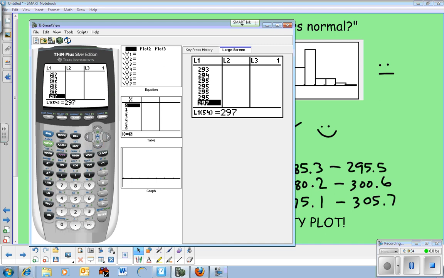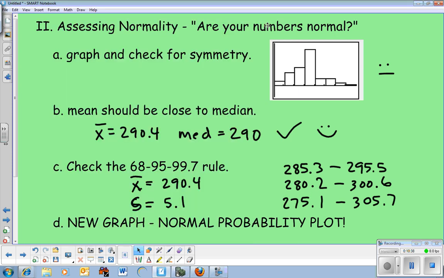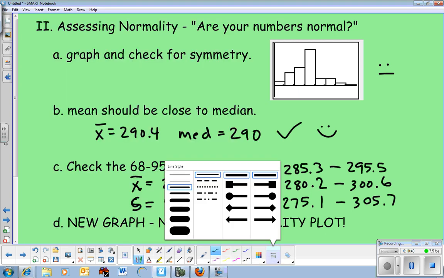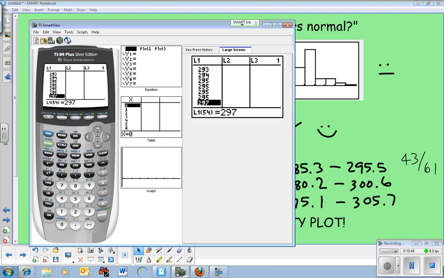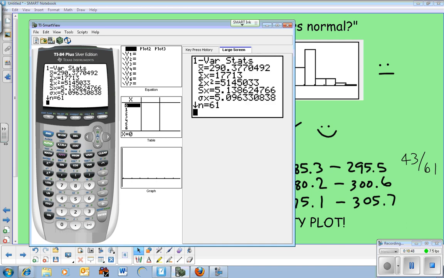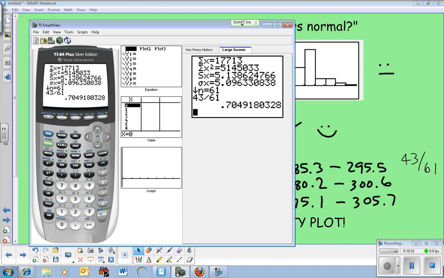So 43 of my 61 numbers made it into that group. And to check our percentage, 43 out of 61 is 70%. To the nearest whole percent, it's 70, so it's pretty good.